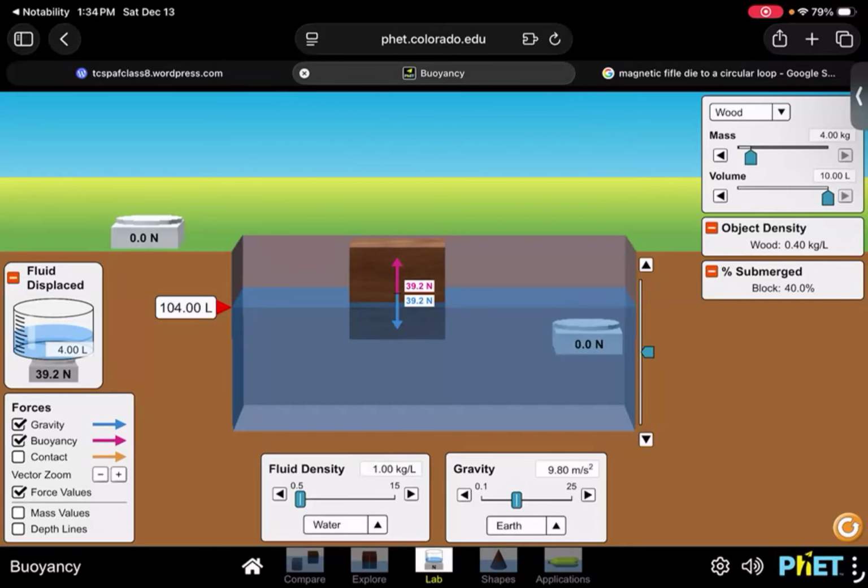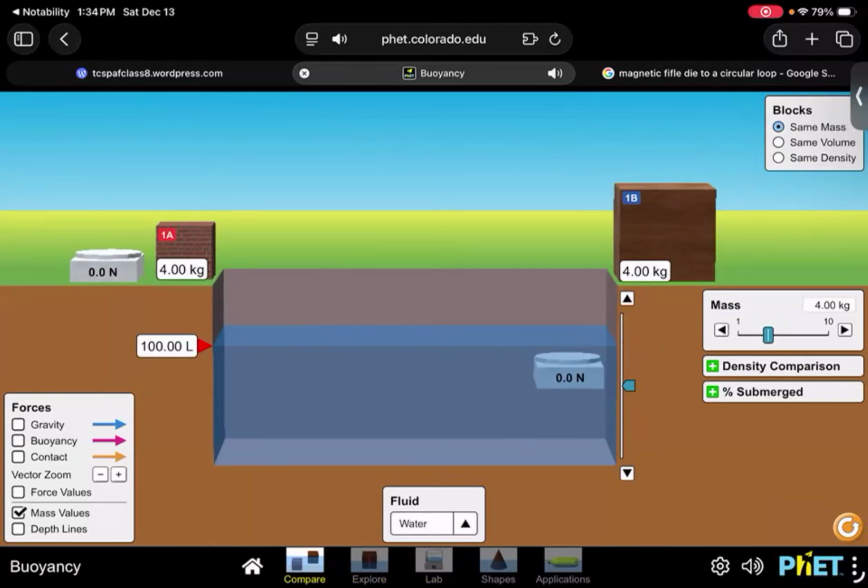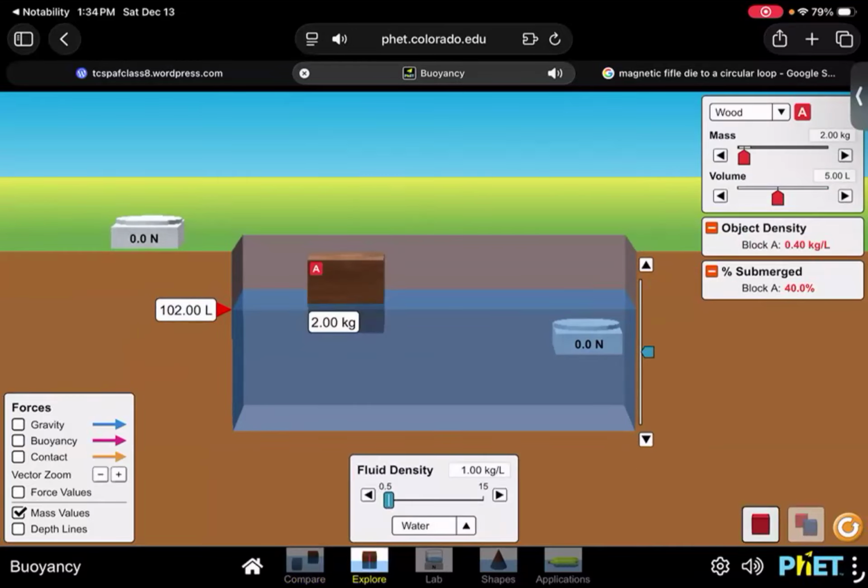I've got to change the density. Okay, notice what happens as I keep increasing the mass.